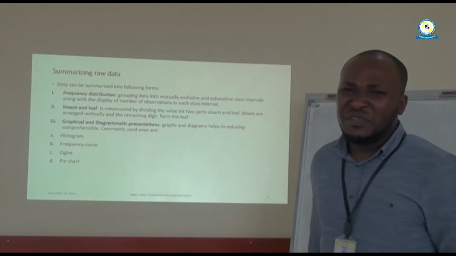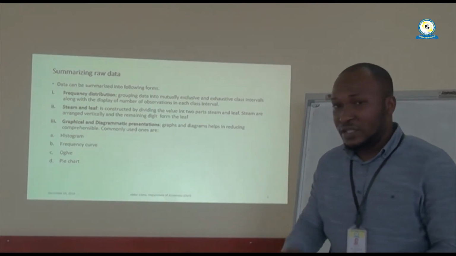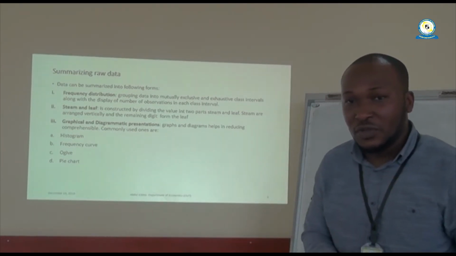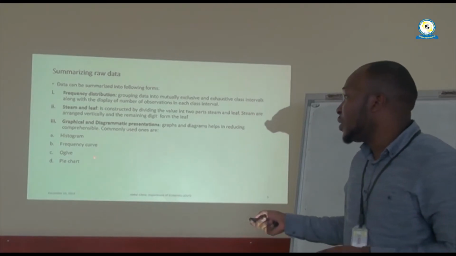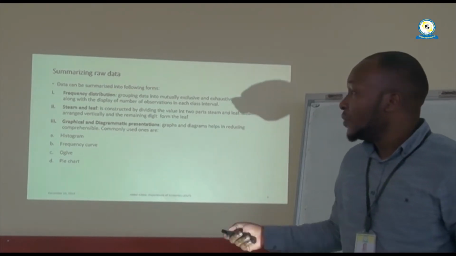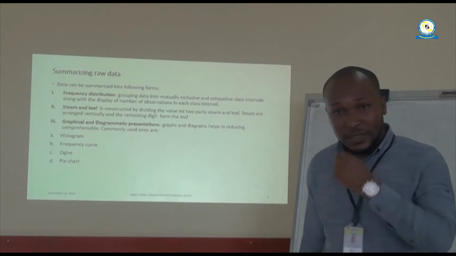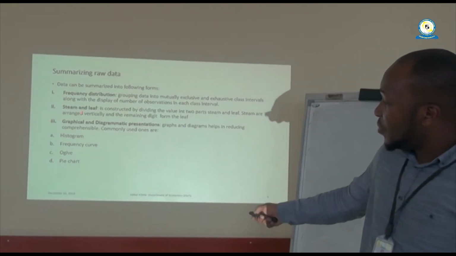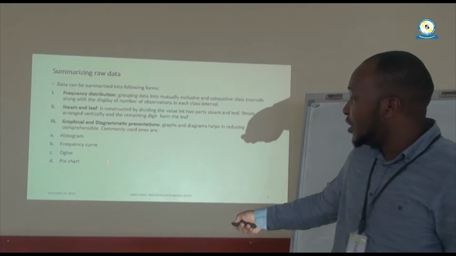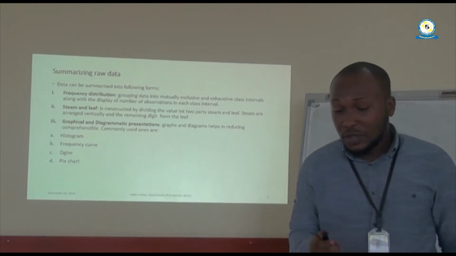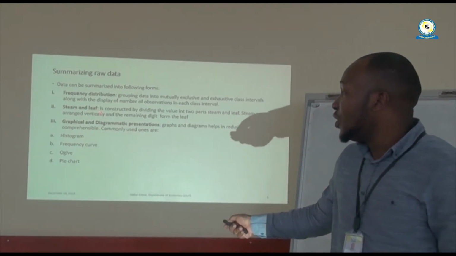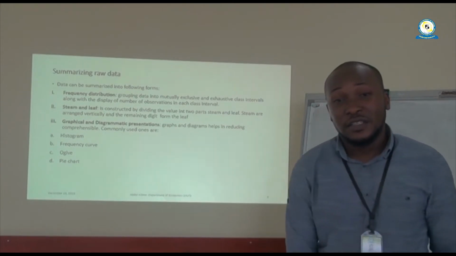A frequency table can be hard to read, but when you use graphs or diagrams, it is simple to understand. For example, a histogram, frequency curve, ogive, and bar chart. I hope you are familiar with this from geography or from your ordinary level mathematics.